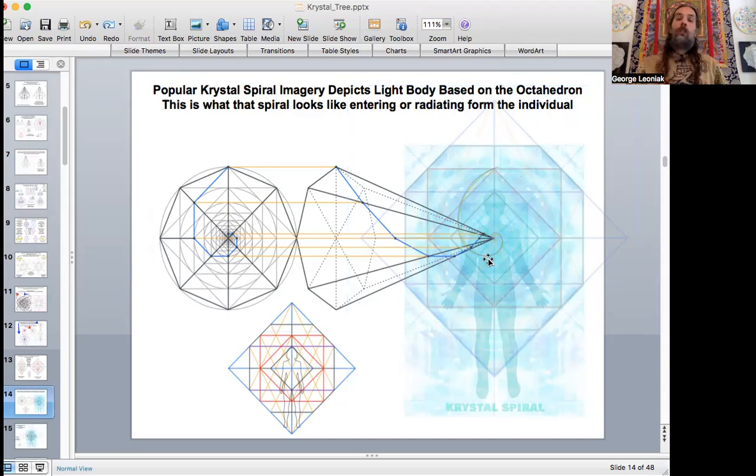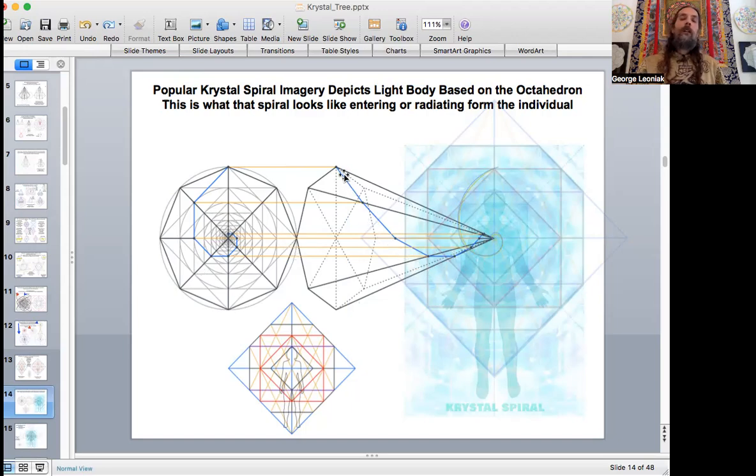And what I wanted to show now was what the spiral looks like here, and what this image of the crystal spiral is showing. If you don't picture this as a 2D image, but you want to see it either entering or radiating out of the body, what that spiral will look like as it follows the inside curvature of this octagon-based pyramid here.